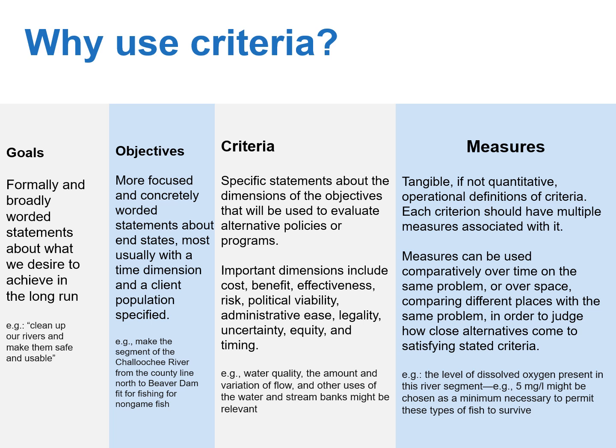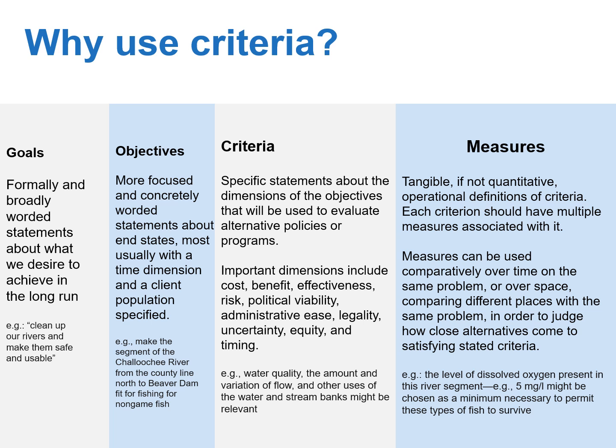To use criteria, we need to distinguish between these four related concepts. Goals are broad aspirations like cleaning up rivers, and objectives make goals concrete with time and population specified. For example, making a section of the Chattahoochee River fishable within 5 years. Criteria are the evaluative dimensions we'll use to compare alternatives.